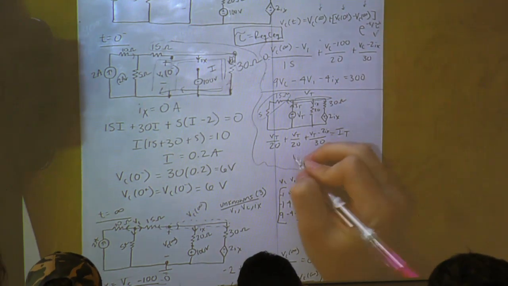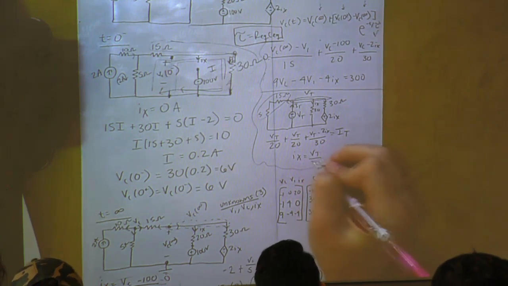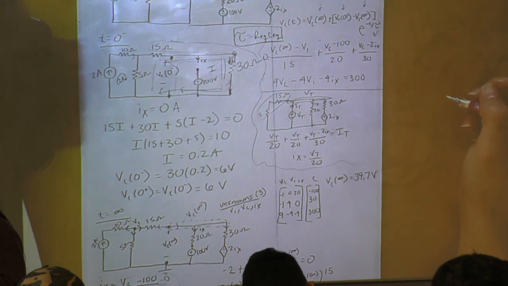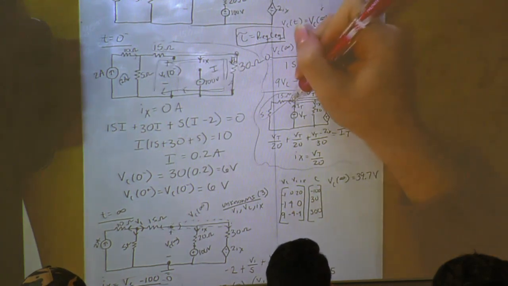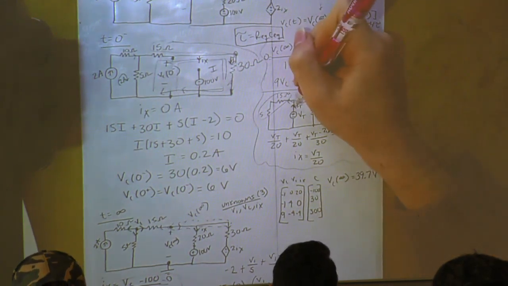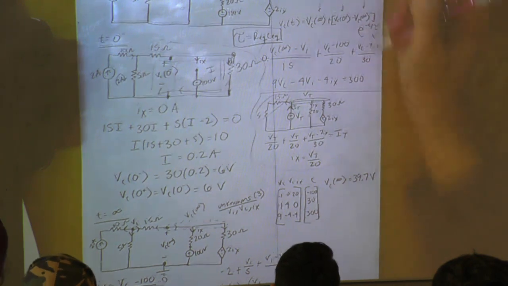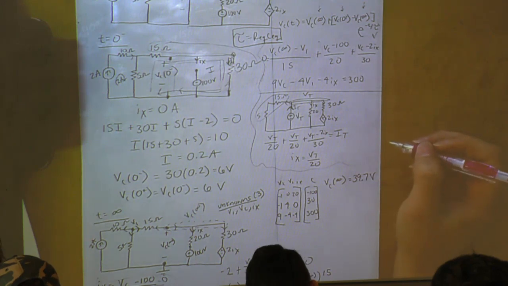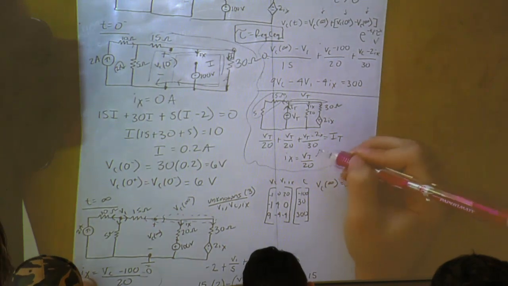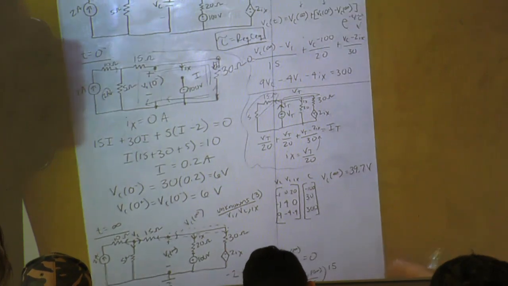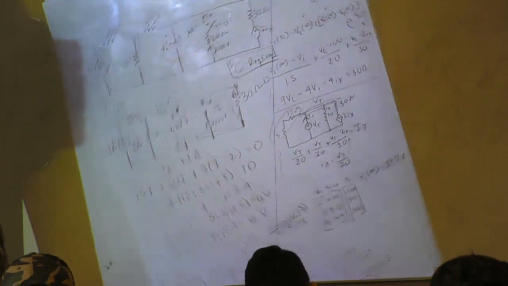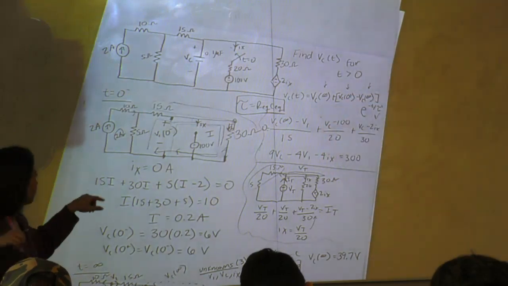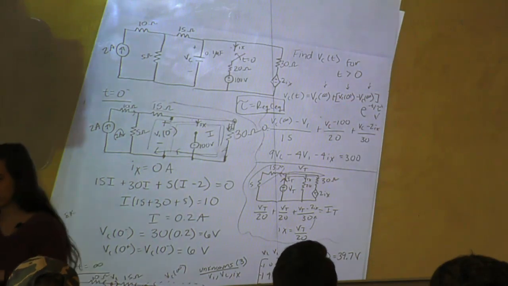Our IX is actually just VT over 20. I just did KCL at VT. And we know this current is IT. So although we have a voltage source, we don't need to make a new variable. How did you know IX equals VT over 20 again? Oh, I see. It's right here, right?